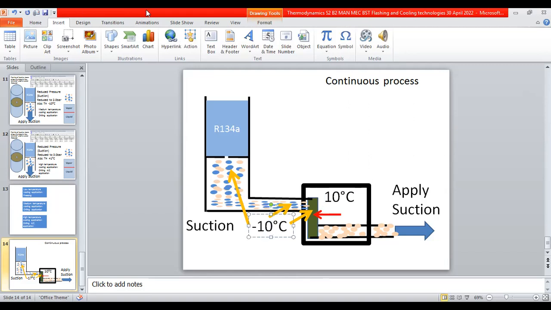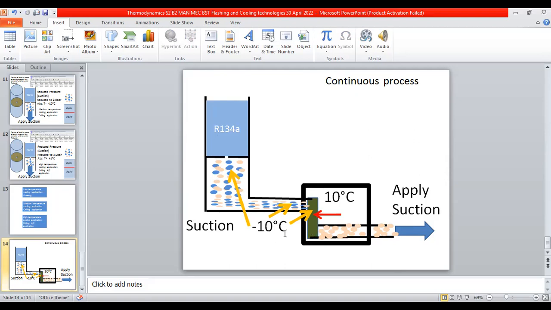Minus 17 is cooler, so towards the cooler substance, this heat transfers. Finally, because of this heat transfer, this liquid turns into gas. Finally, full gas is being sucked out from this flashing device through this cooling plate.